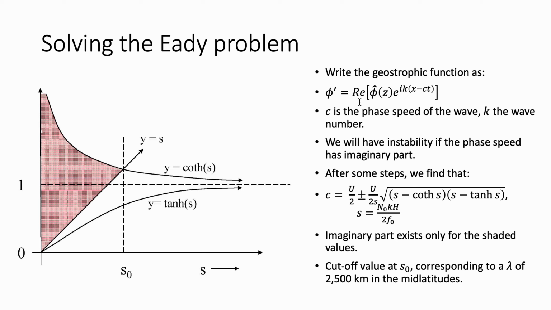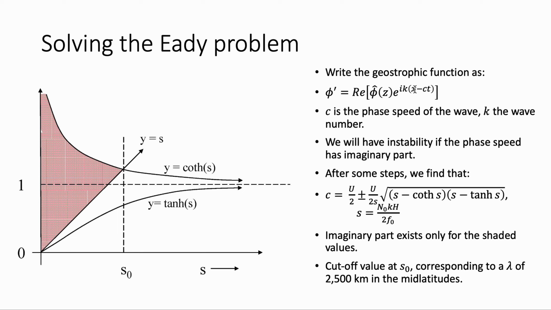But if we were able to show that there are cases in which c over here takes complex values, so if c has an imaginary part, then the imaginary part over here would lead to behaviors which are not oscillatory. In particular, this is minus i times, let's say there's another i.